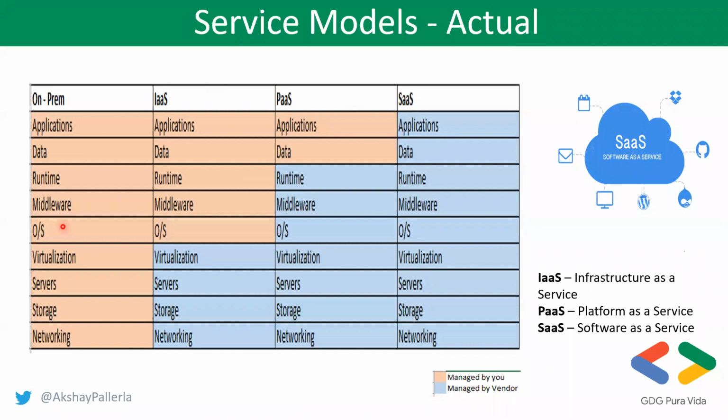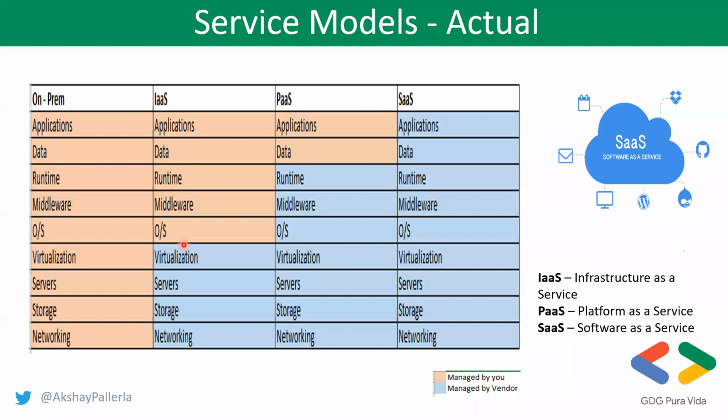So on-prem, all the servers, storage, networking, the virtualization that I have to do to provide the virtual machines to my users, OS management, any middleware, everything has to be managed by me. But in infrastructure as a service, certain layers of it are abstracted for me. I need not worry about anything at all until this layer.